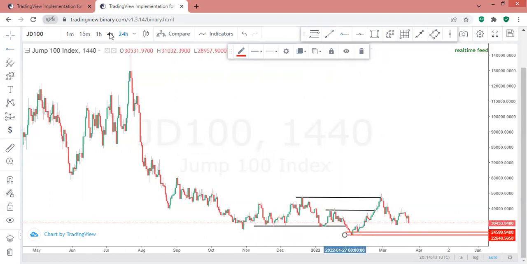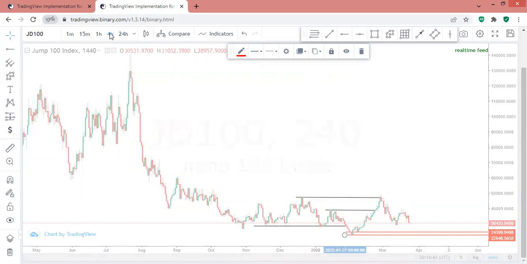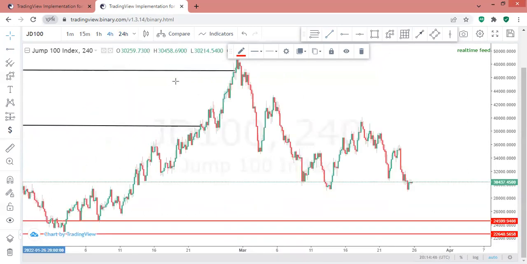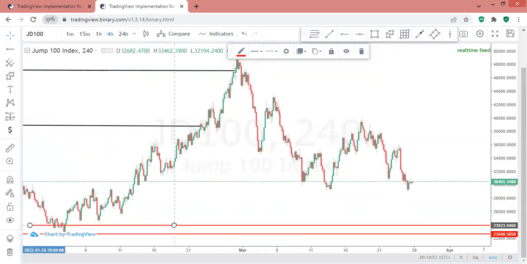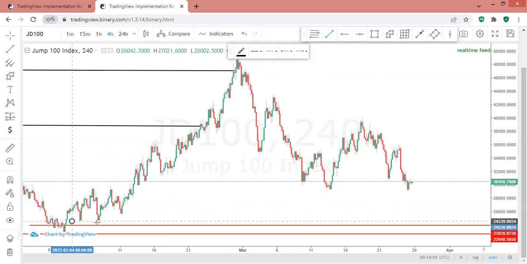So let's now drop to 4 hours. You see it? Price is returning back into this area, and price has even created equal low liquidity there. So it will come and clear off this liquidity.